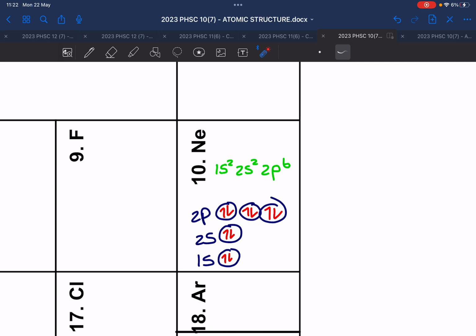And then it goes on to the next one. So this is perfect, finished, and then we go to the next one. This electron configuration is that of a noble gas, which is perfect. We can either write it like this, or write neon in square brackets like that. And these two things mean exactly the same thing.